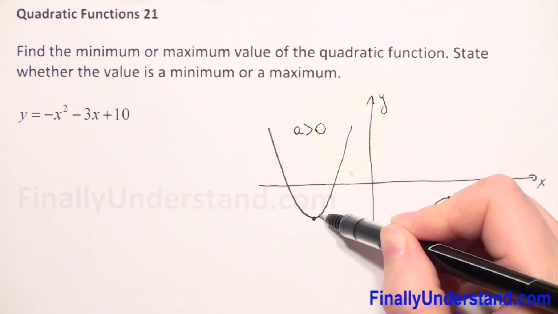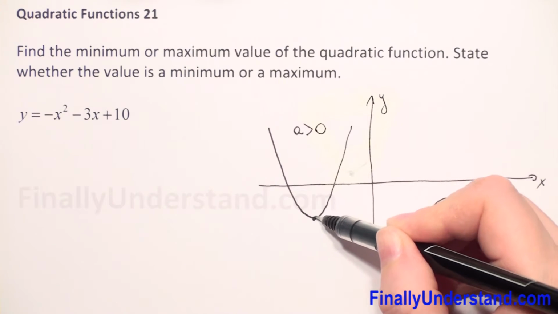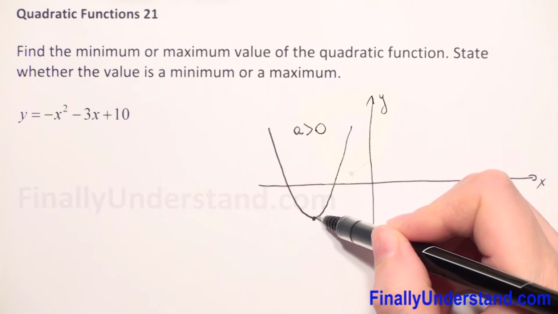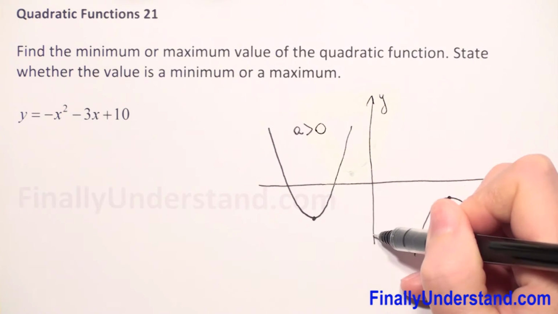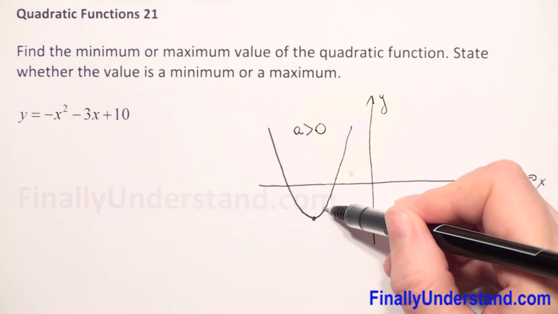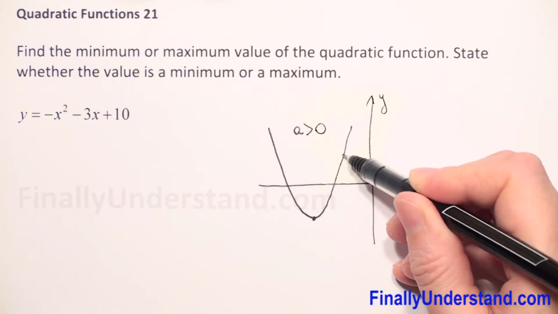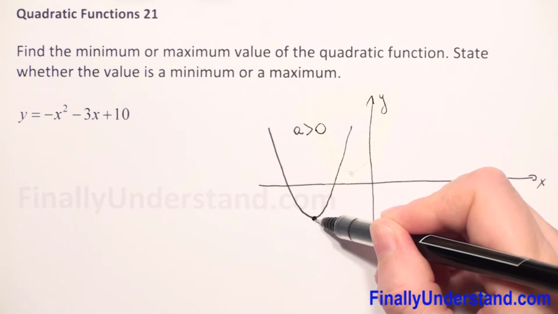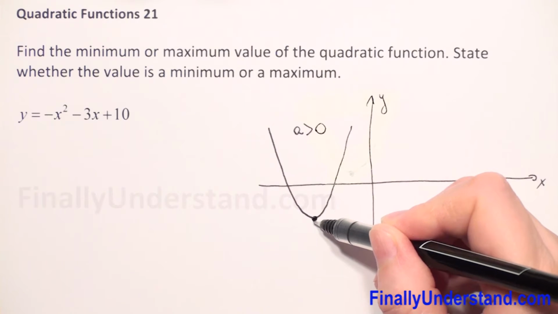We see that when we are going to the right side or the left side of our parabola, the values of our function go up. You see, we are going up. This point gives me the minimum y coordinate.